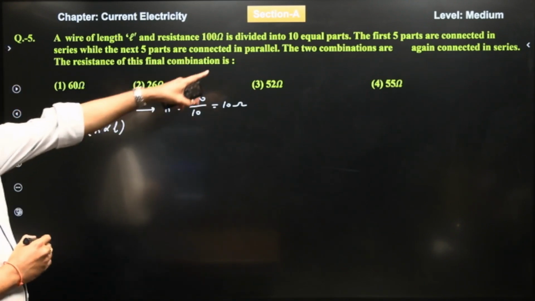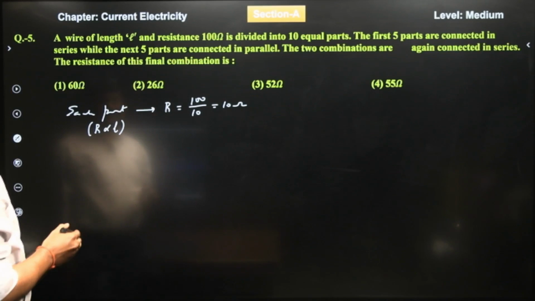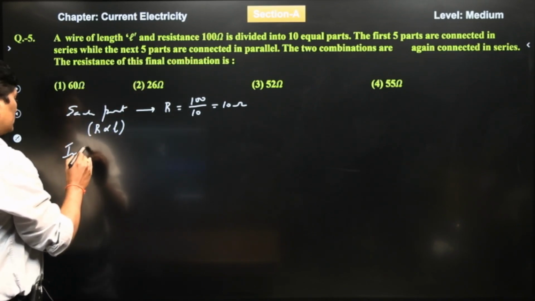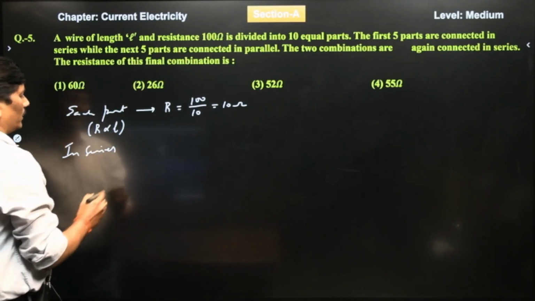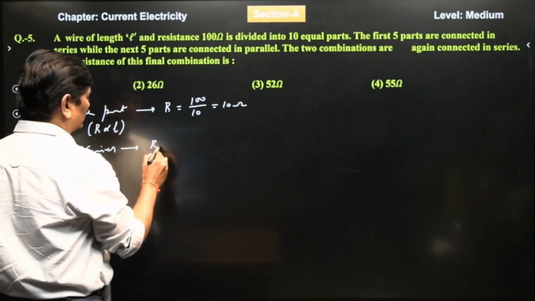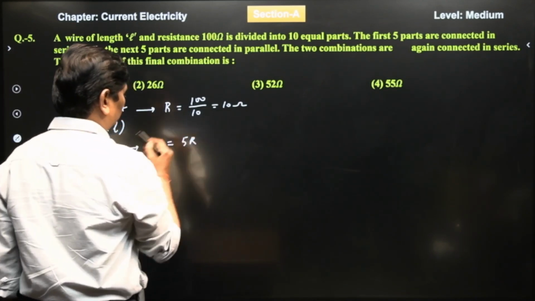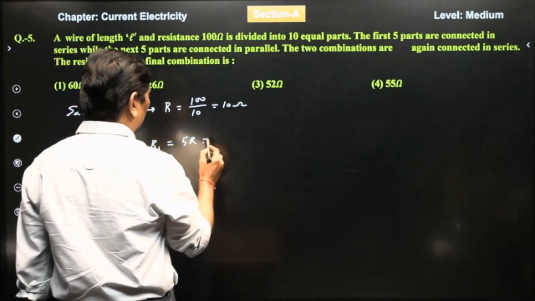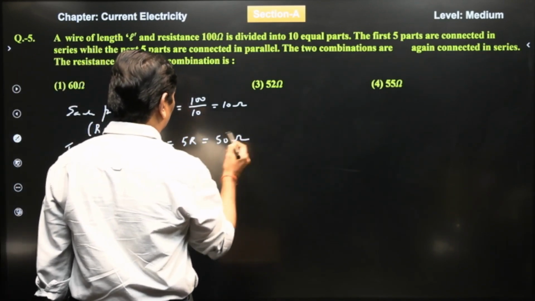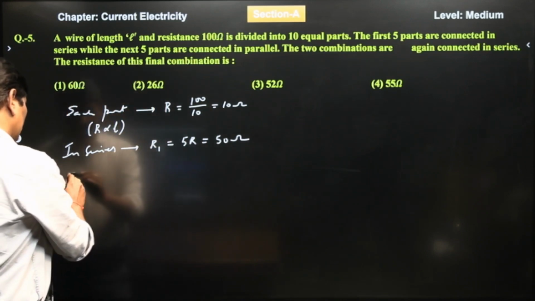The first 5 parts are connected in series. In series, 5 parts are there, so it becomes 5R. R1 is 5R, which means you get 50 ohms for the series combination.